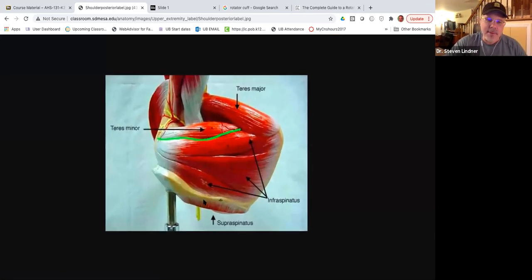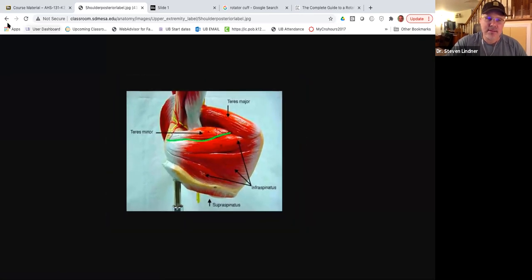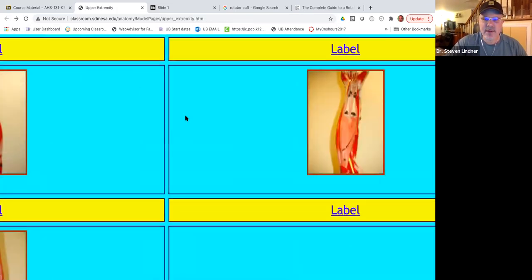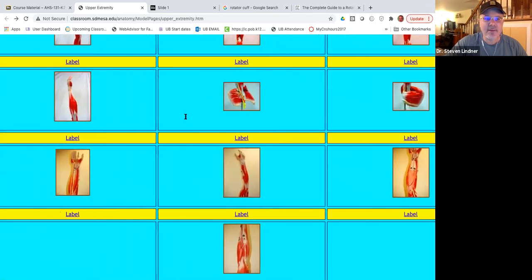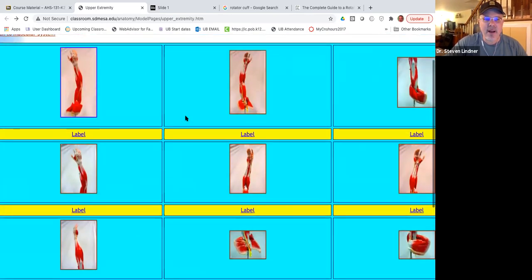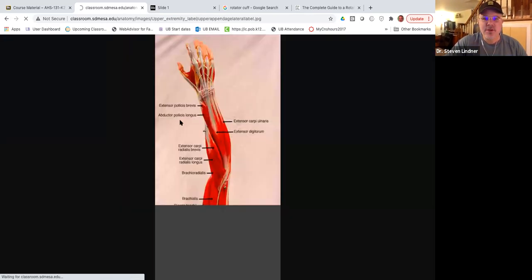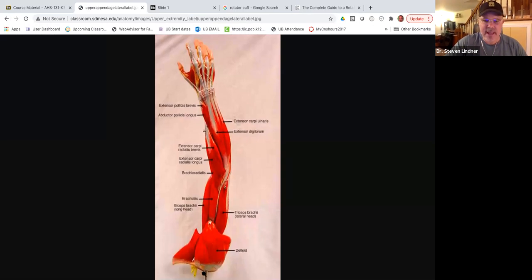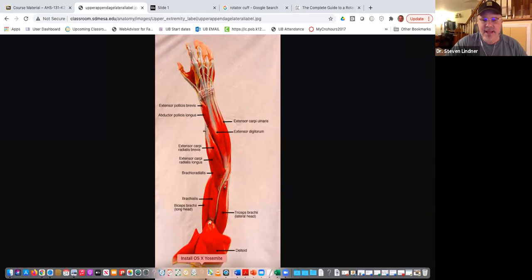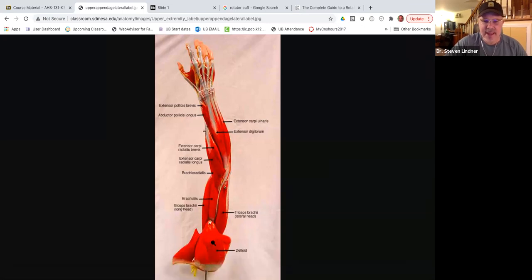All right. Now, keep in mind that this arm, let me just show it to you for a second. If you look at the way the models are situated, you'll see that it's on a stand. You see down here at the bottom, there's that stem. It's actually on a stand, so the upper extremity is this way.